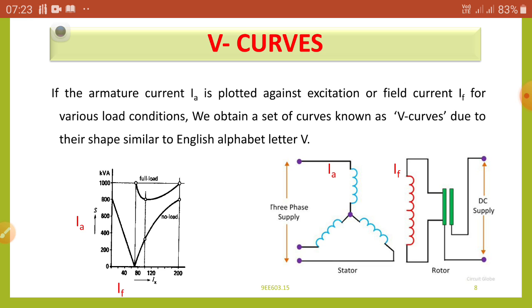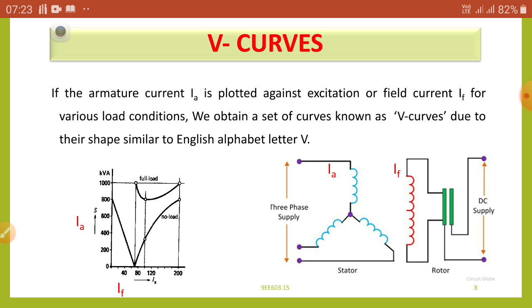Now the motor is continuously running with some load applied. Don't change this load, and maintain the input supply constant using a variac. Then the speed is automatically maintained constant, for example 1500 RPM for a 4-pole machine. The voltage is 400 volts AC supply.